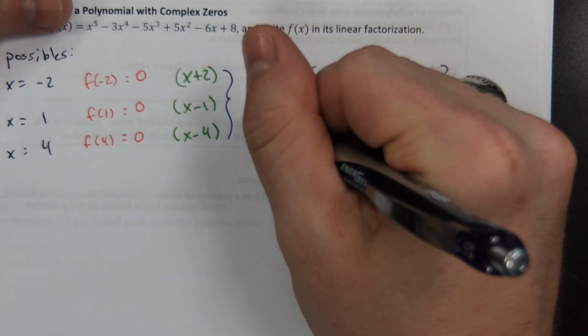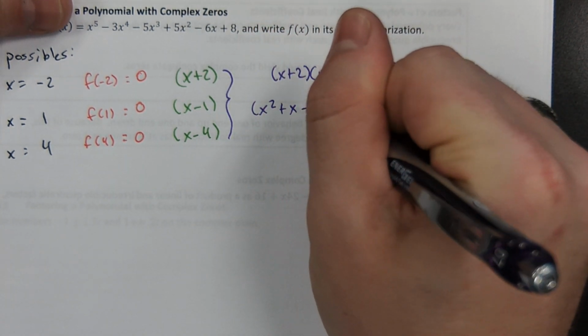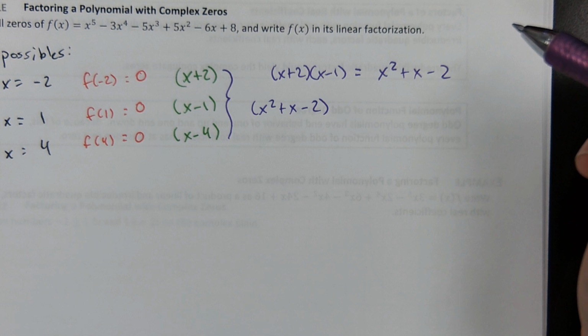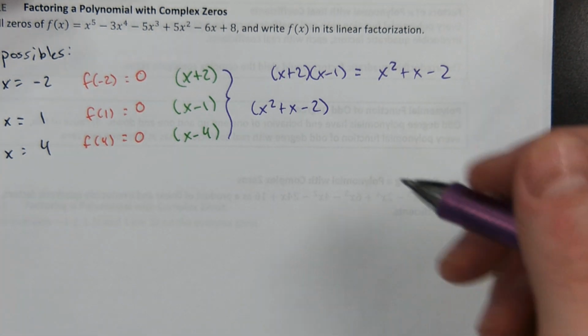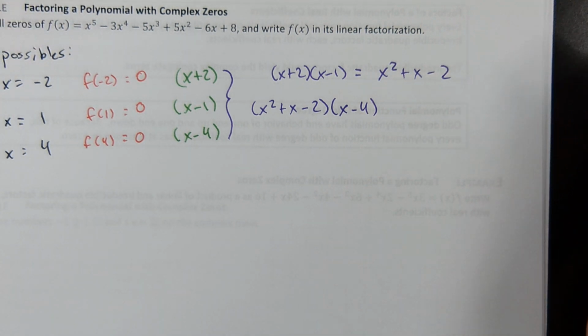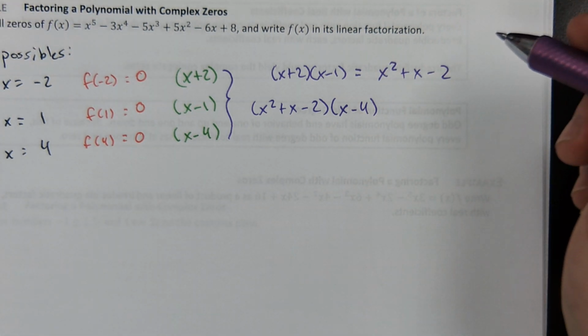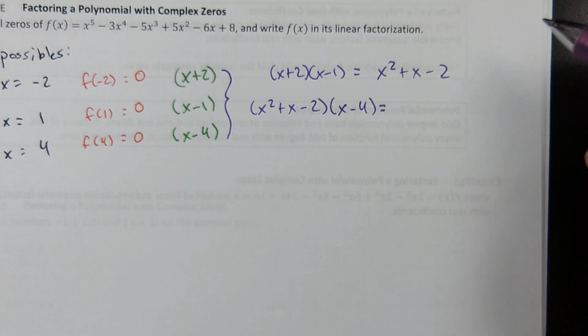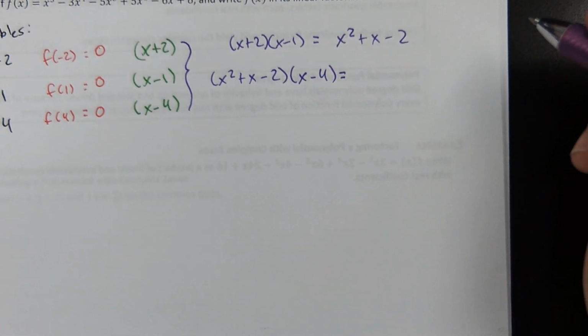Then I'm going to take that x squared plus x minus 2 and I'm going to multiply it to x minus 4. Again, I'm going to hope that you can go through the distributions and combine your like terms.